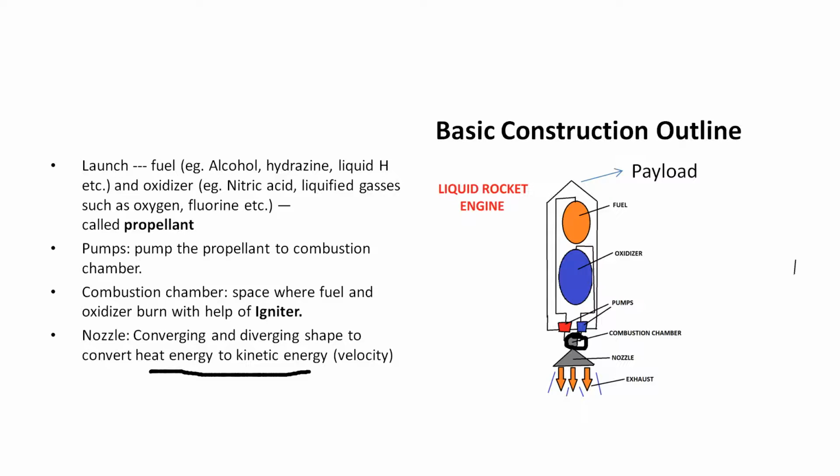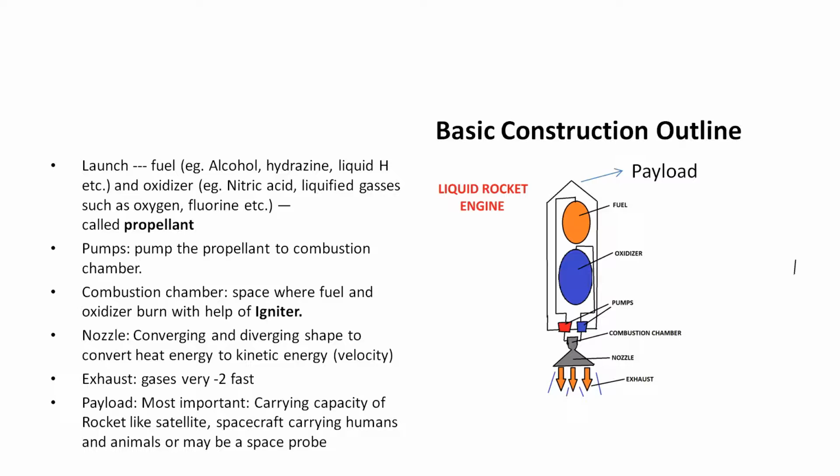Kinetic energy basically means velocity, because it is half mv square. Now the exhaust gases move very fast, because due to the burning of fuel there will be a release of gases, exhaust gases, smoke.